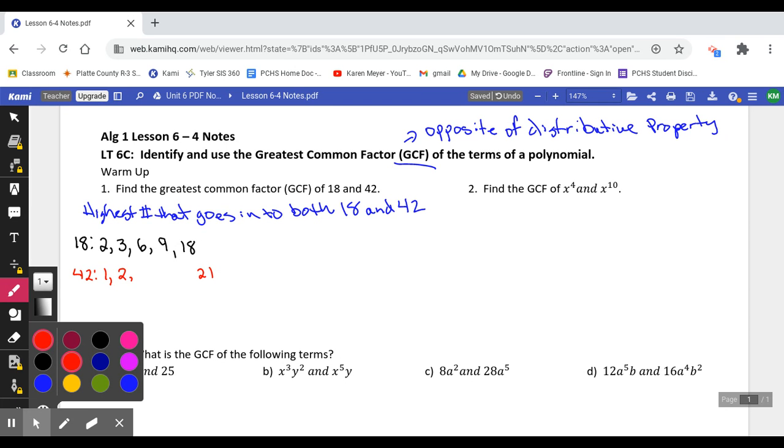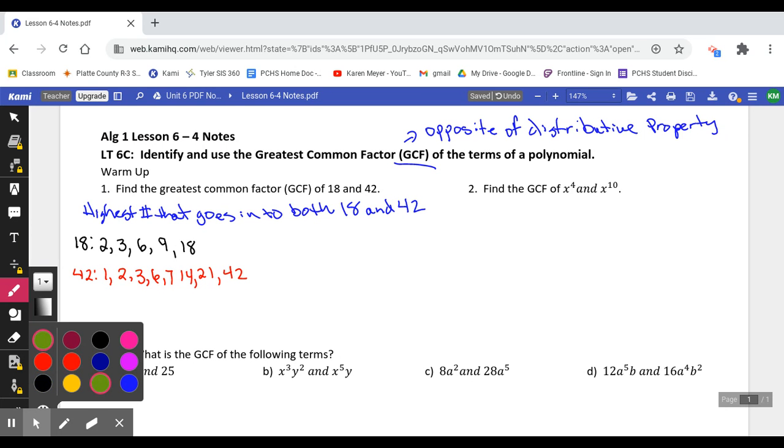And then 3 goes in there 14 times. 4 goes in there as a decimal. 5 goes in as a decimal. And then you're at 6, which goes in there 7 times. And of course, 42 goes into 42.